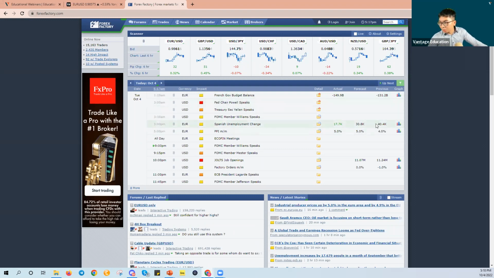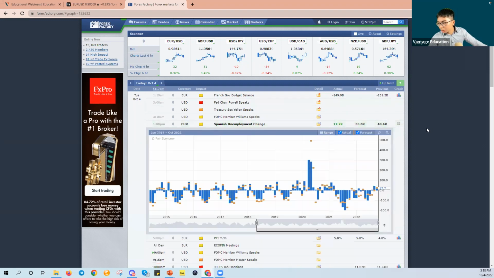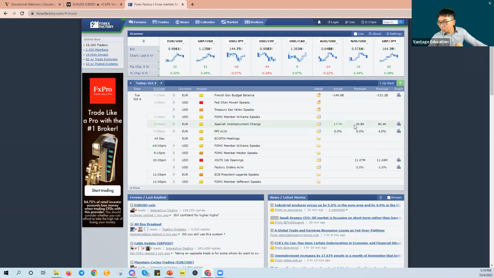Previously it was 40.4K, but this time the unemployment change was 17.7. It got better than last month, and it's even way better than forecasted too. Forecasted 30.8, we have 17.7. So it is a way better than expected market outcome.